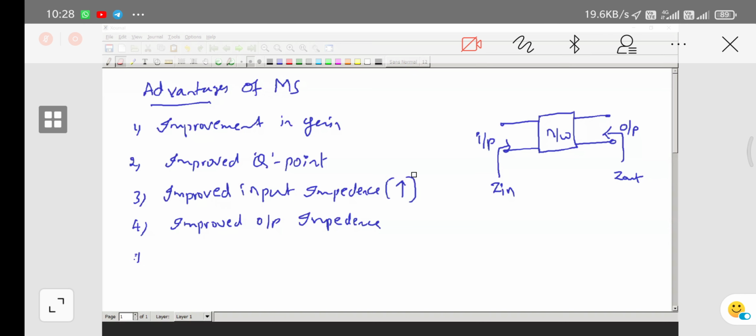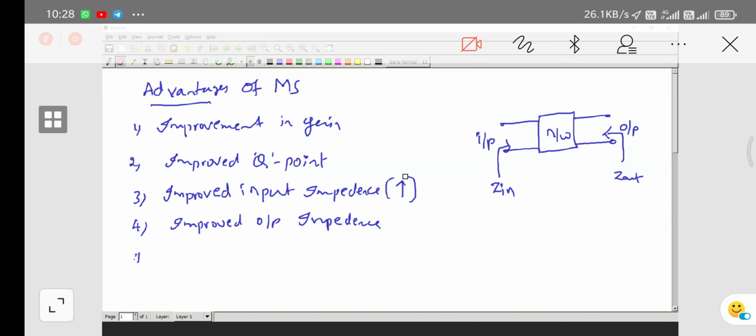The connection we give in between these two amplifiers is called coupling.